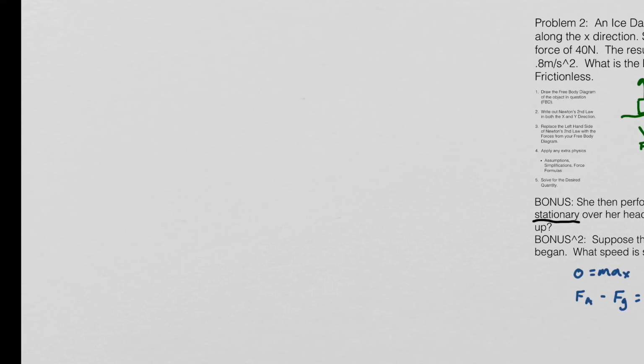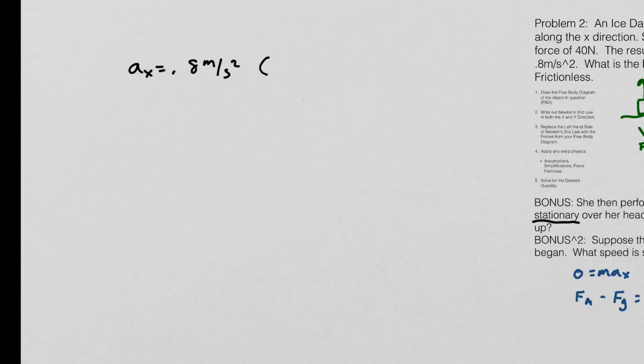Therefore, all that we need to do is know that the acceleration in the x direction was 0.8 meters per second squared. This number is a constant. And since it's a constant, it means that we can use our good old kinematics equations. We started from rest, so we have a v initial of 0. We have a time, which is equal to 3 seconds.